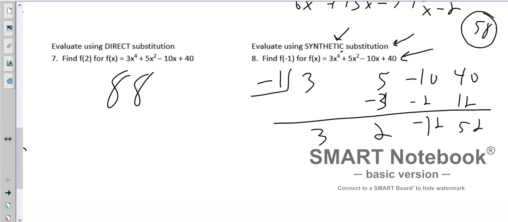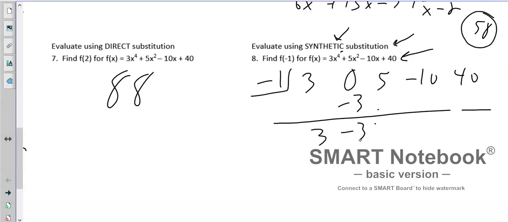So, using the calculator helps us make sure we get the right answer. Put the 0 in here now. Drop the 3, multiply by -1. Add straight down. Multiply by -1. Add straight down. Multiply by -1.